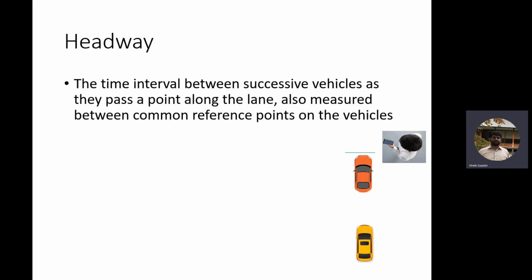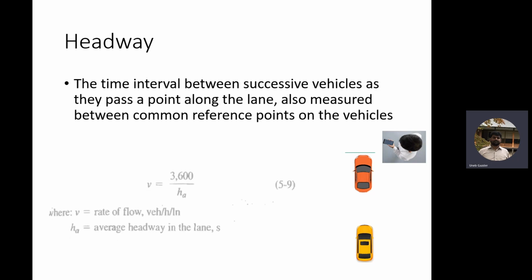So spacing was distance, right, between two vehicles. This is time. So you can see now there are two vehicles. This is my point. So headway will be after the first vehicle passes, how much time the second vehicle will take to pass the same point. Okay, this will be headway.